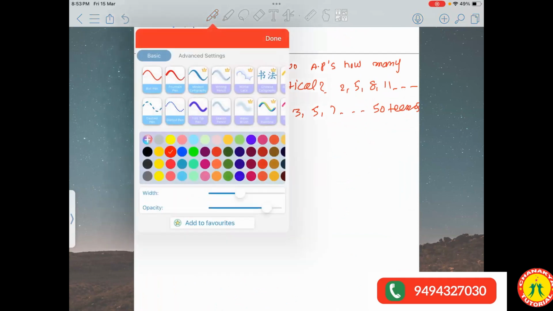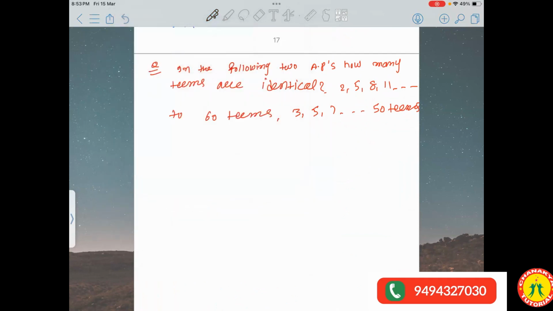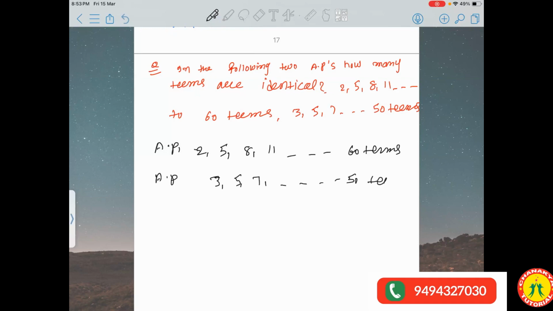AP1 is 2, 5, 8, 11, like that up to 60 terms. AP2 is 3, 5, 7, up to 50 terms. So some terms are common, right?